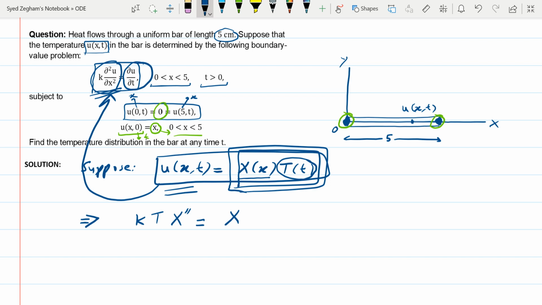Only T we have to differentiate with respect to small t. How many times? Only one time. First partial derivative of u with respect to t. So X will not get affected and T will be differentiated one time. So this is what I am getting when I substitute my solution in the given equation.